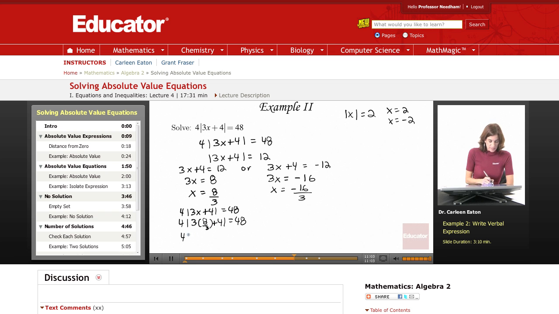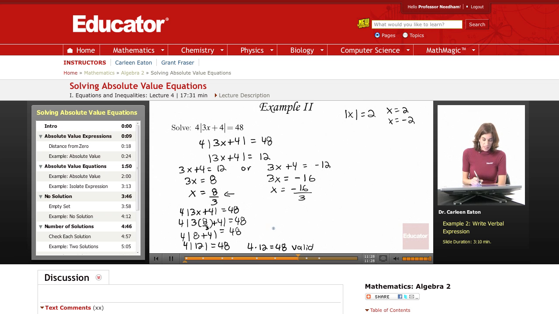The 3's cancel out, and that gives me 8 plus 4, so 4 times the absolute value of 12 equals 48. The absolute value of 12 is 12, so 4 times 12 equals 48, and it does. So this first solution is valid.